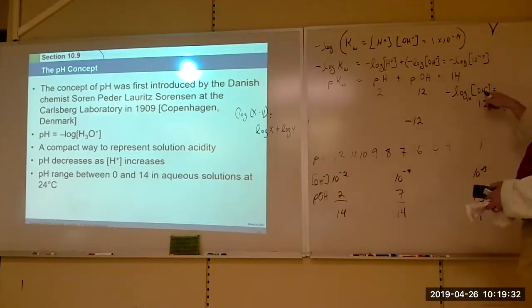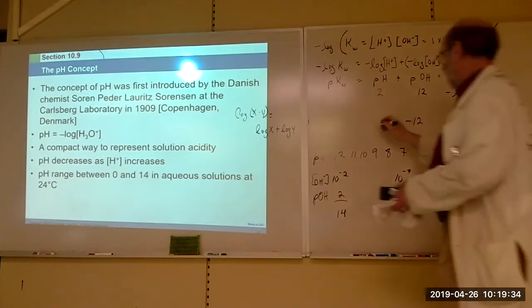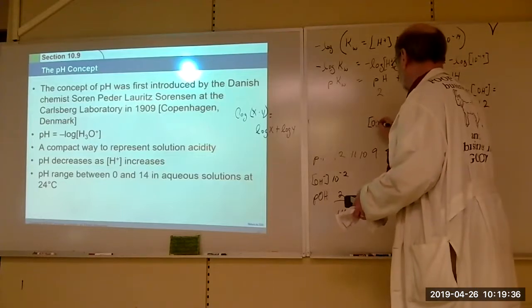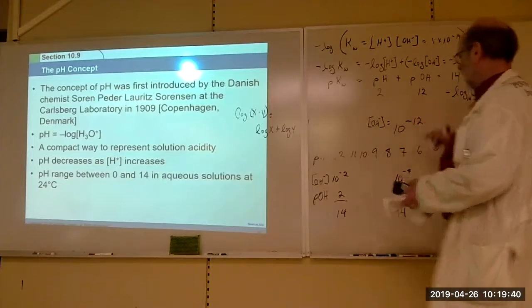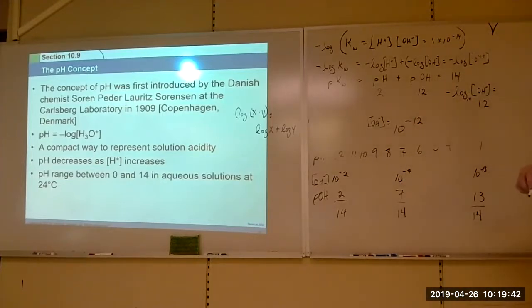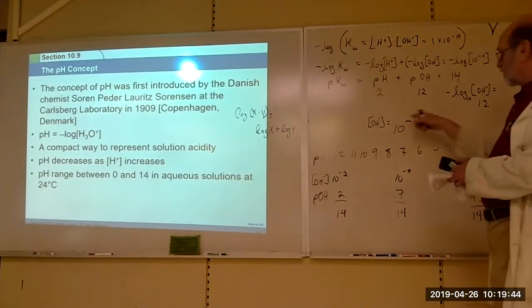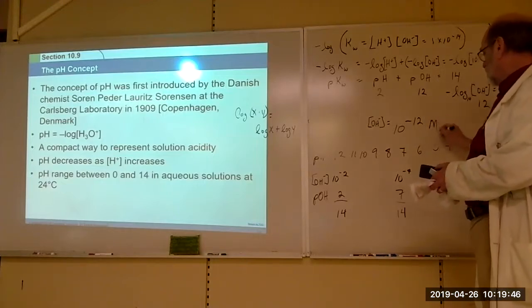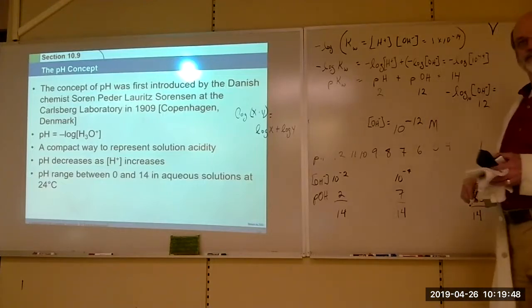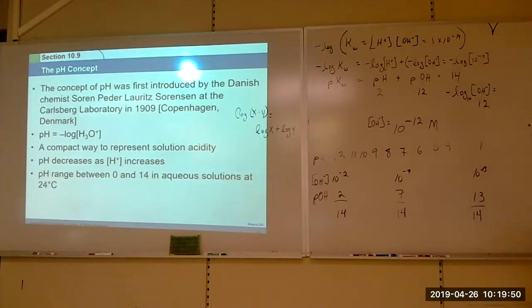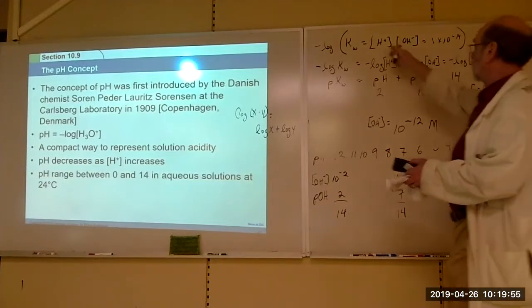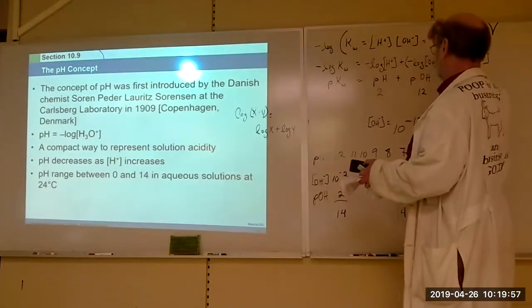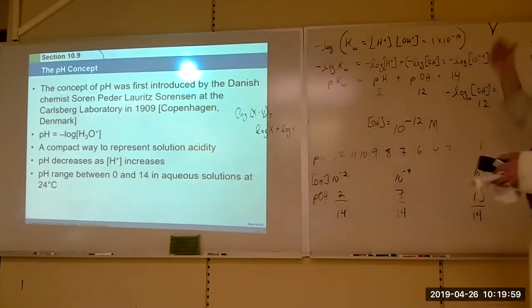Then we have the log expression and the hydroxyl ion concentration is actually 10 to the negative 12 power. So now the hydroxyl ion concentration is that. So that's easier than going through this expression to find out what it is, I think.